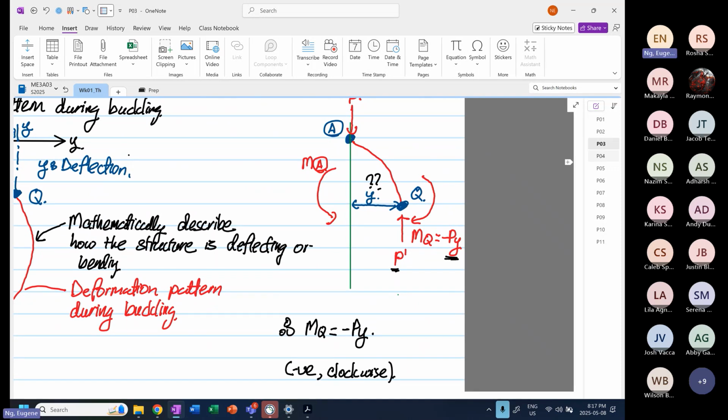It is the resistance of the moment to prevent buckling. You realize, no doubt it's under axial loading, but when the structure starts to buckle already, you have a perpendicular distance now. So now your structure has to counter the moment. I repeat again, it has to counter the moment.